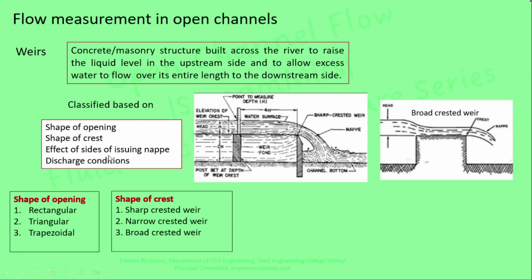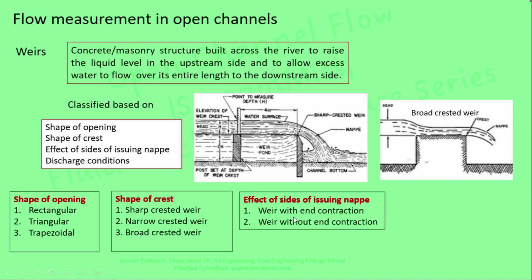According to the effect of sides of issuing nap, the weir is classified into weir with end contraction and weir without end contraction. If the sides cause contraction of the nap, then it is called weir with end contraction. Otherwise, it is called weir without end contraction, or suppressed weir.